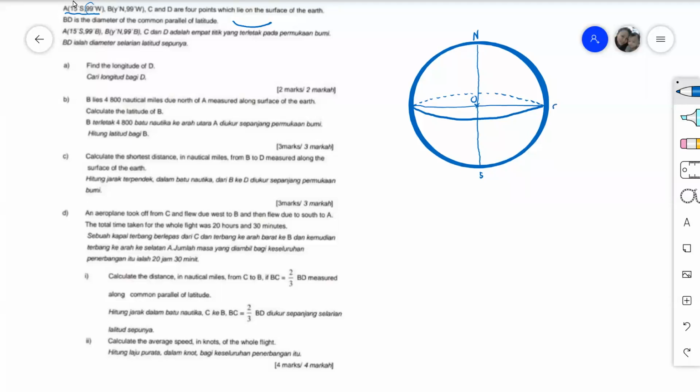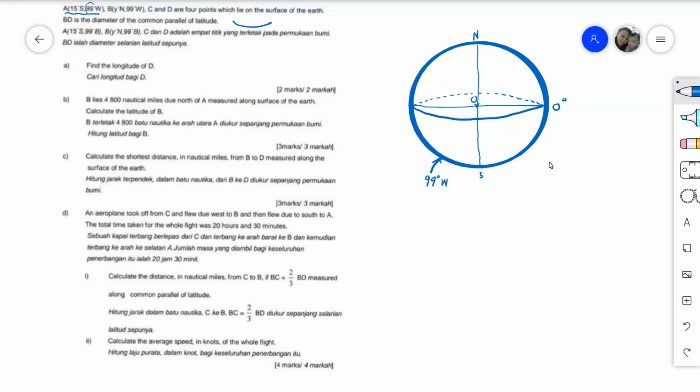All right, so this is 0 degree. Now, we need to mark down 15 south and 99 west. So instead of marking our A in between here, normally we will use the side of the circle. Okay, that means I will take this line as my 99 degree west.